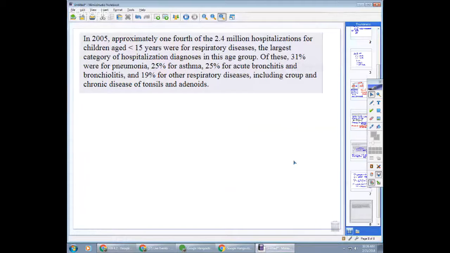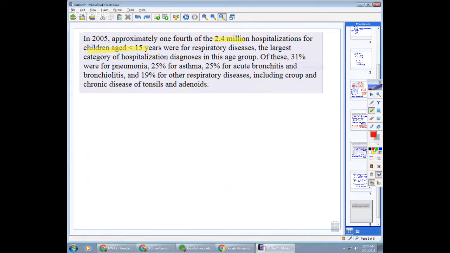So important information. What's the first piece of important information here? 4 million hospitalization, that's one piece, but it's not the first important piece. There's 2.4 million kids aged under 15 who were hospitalized. What's right before that? 1/4. Yeah, 1/4 of those, let's use a different color there.